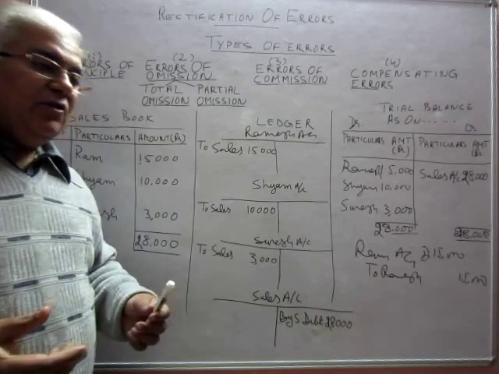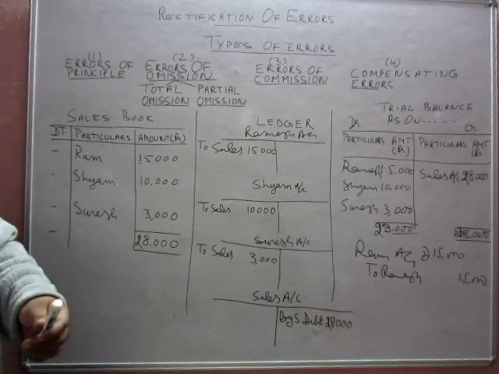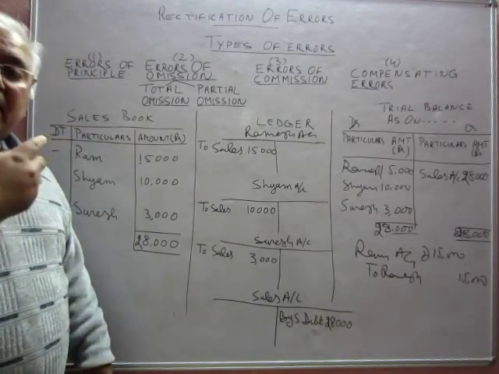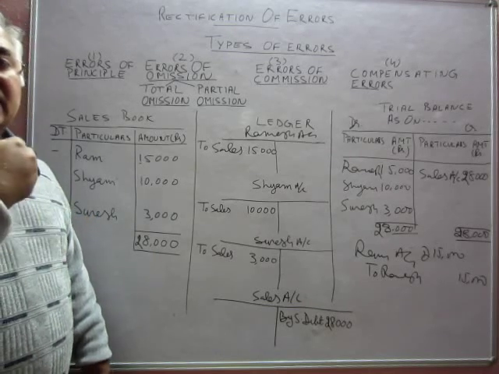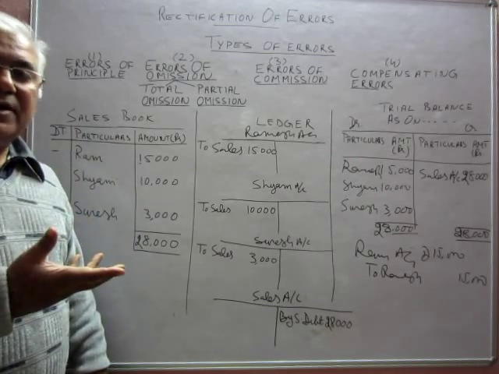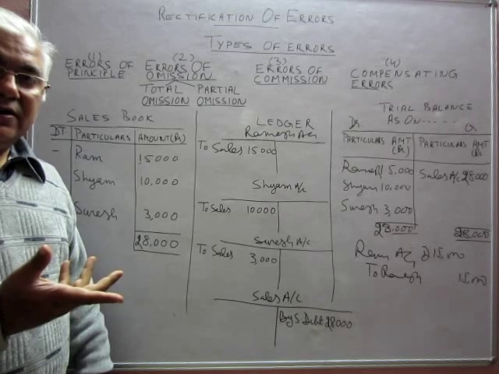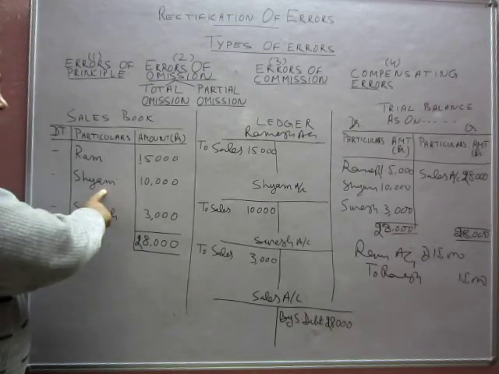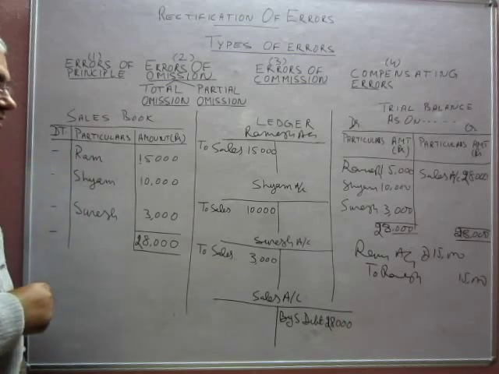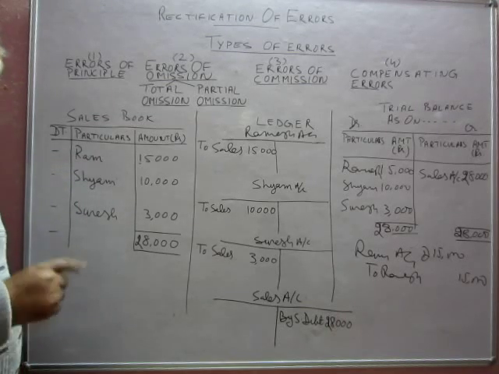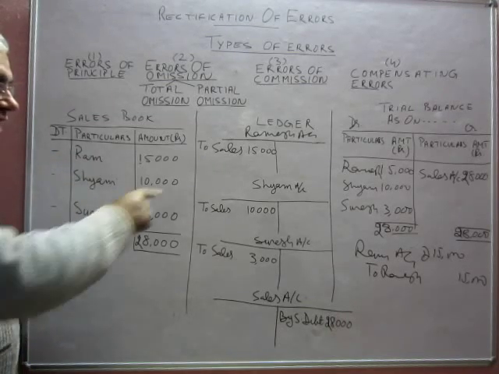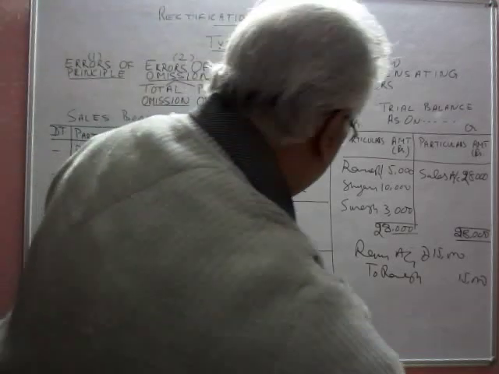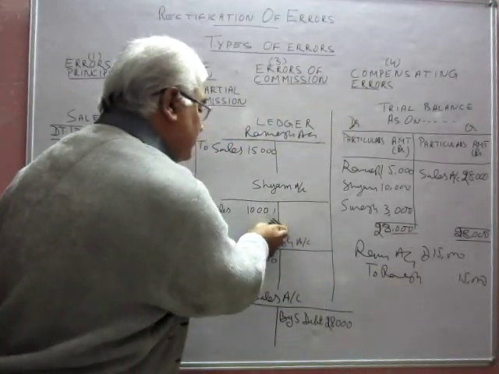Now another mistake could be that you have debited the right person's account but with the wrong figure. For example, you sell goods to Shyam for 10,000, but while debiting Shyam's account, you debit only 1,000.